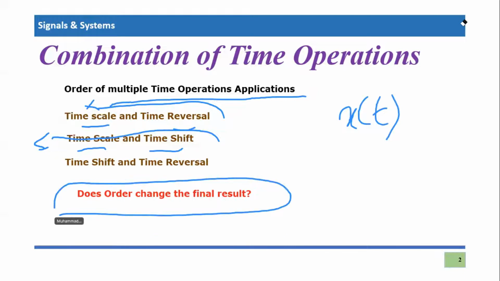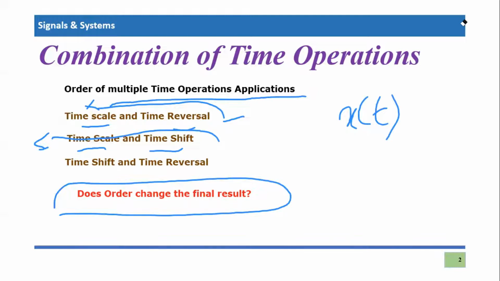And if there is a specific order required between multiple time operation applications, then one needs to be very careful. So in this lecture, we are going to test time scale and time reversal in different orders. We are going to apply time scale first, then time reversal, and then in reverse order.